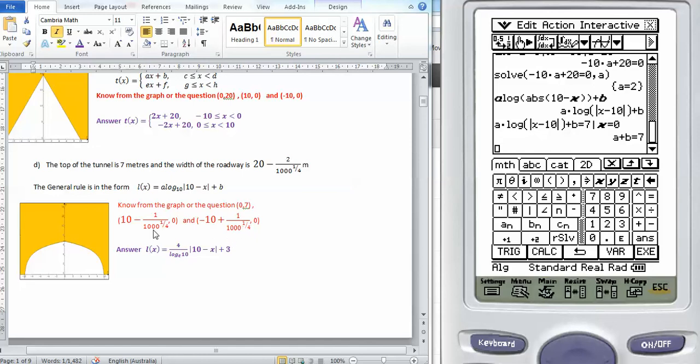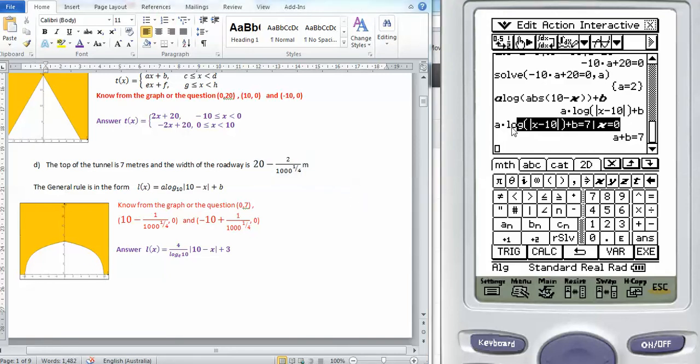And it is equal to this when x is 10 minus 1 over the fourth root of 1,000, y equals 0. Because the roadway was double that, therefore that's going to be half, and that will be the negative 1/2.